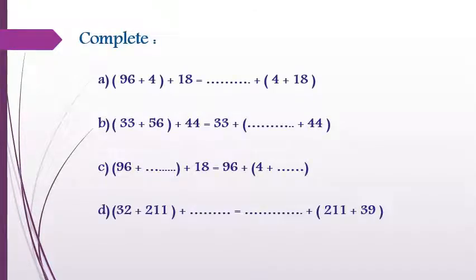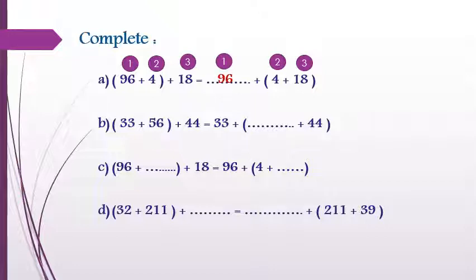Complete. Letter A. 96 plus 4 plus 18 equals what plus 4 plus 18. We just write 1, 2, 3 on each side. On the right side, number 1 is missing. So look at the left side. Number 1 is 96.